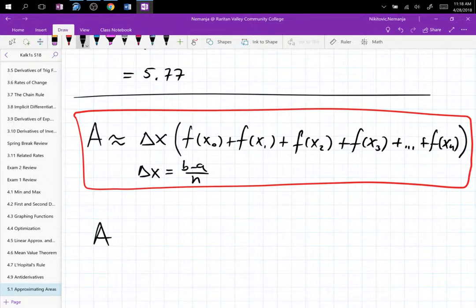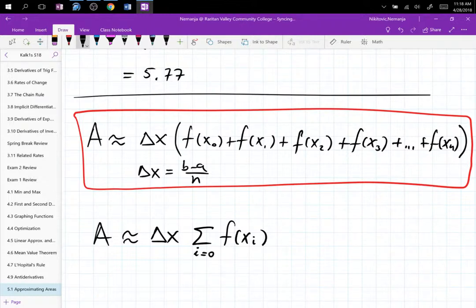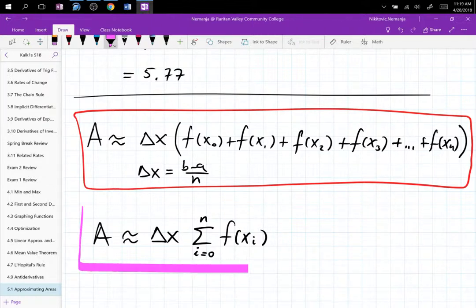So I'm first going to write it, and then I'm going to explain. So delta x times the sum of all f of xi's, where i's go from 0 to n. Now, those of you into programming, you say, of course, clearly, common sense, right?